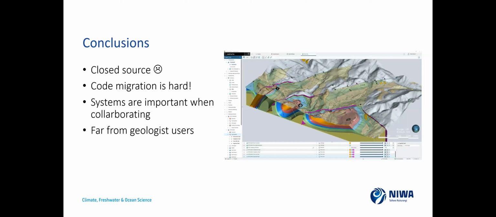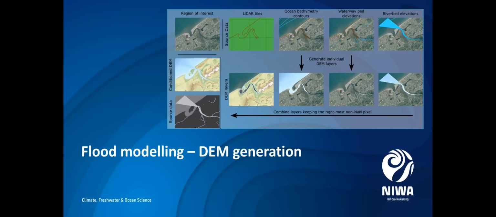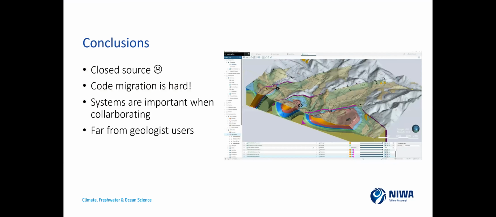It's pretty phenomenal, the cost or effort required to migrate from wxWidgets, or I've forgotten, to Qt. And also, being in a much larger group of engineers, systems are really important when collaborating, either internally or, of course, externally.